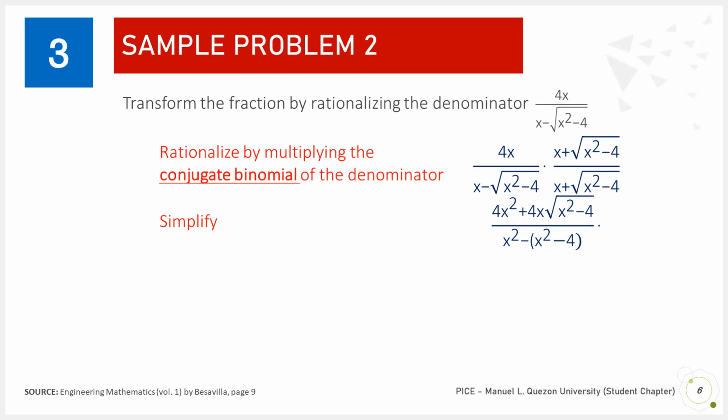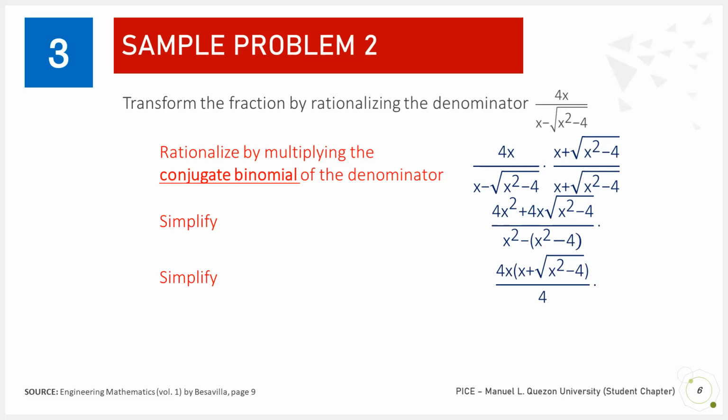So i-distribute natin yung negative sign doon sa terms na nasa loob ng parenthesis, and ang mangyayari is maka-cancel out or magiging 0 yung x squared. So x squared minus x squared is 0, and yung negative 4 magiging positive 4. And ang ginawa natin sa numerator is kinuha natin yung common factor doon sa dalawang terms.